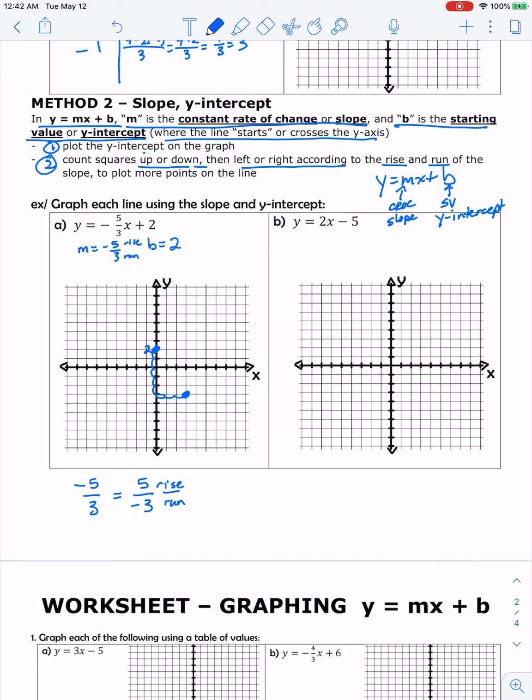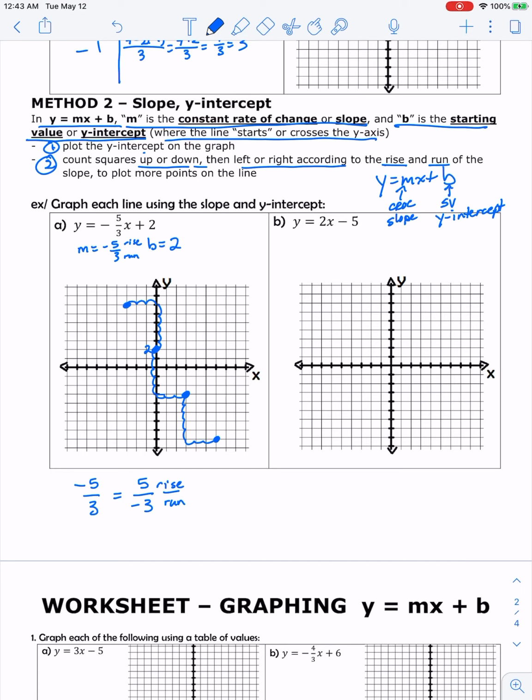Again, from the y-intercept, I'm going to rise 5, 1, 2, 3, 4, 5, and then run -3, which means run backwards 3, and there's another point. And then from either one of those points, you can do it again. Down 5, run 3, there's another point.